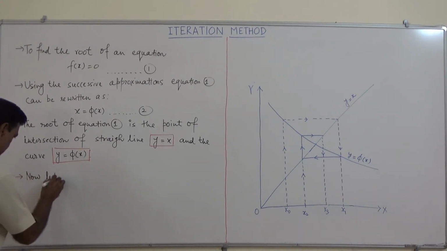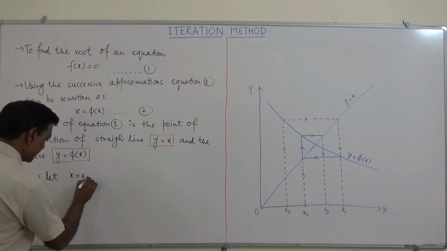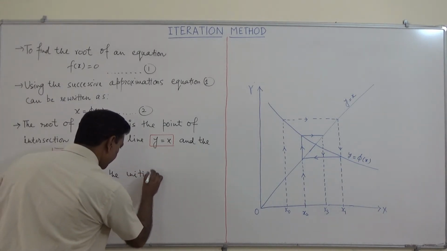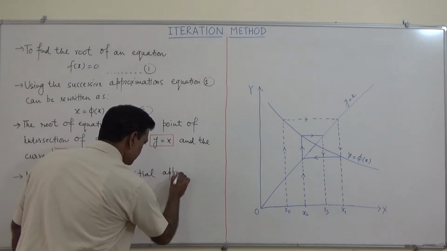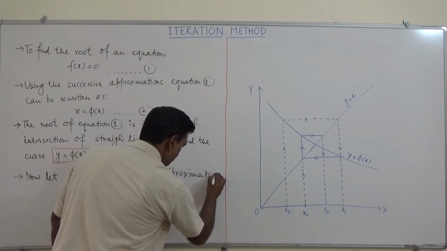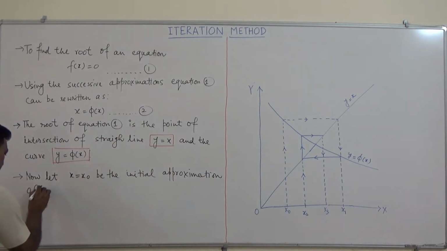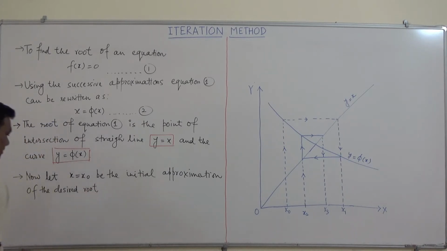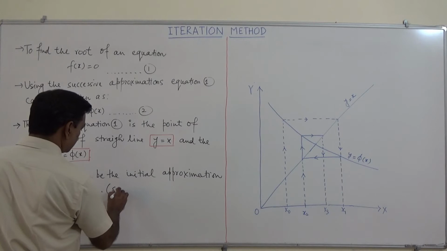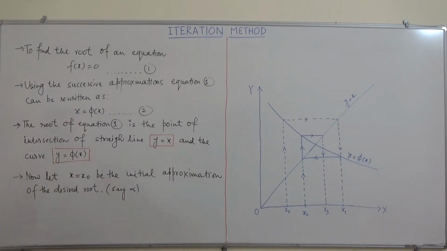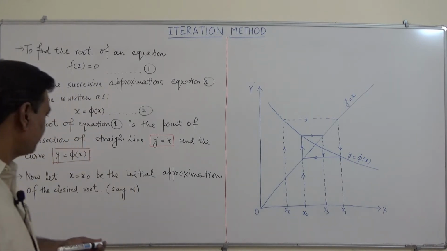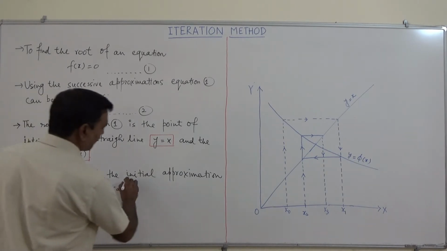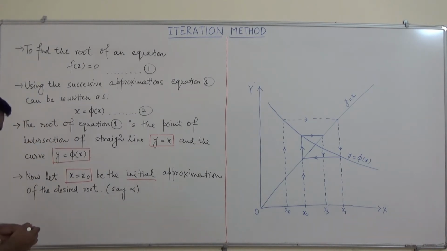Now let x equals x0 be the initial approximation of the desired root, say alpha.